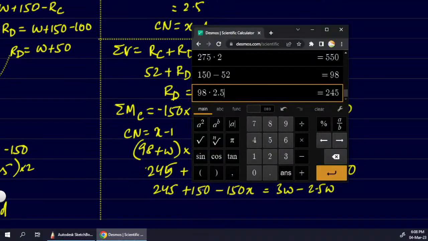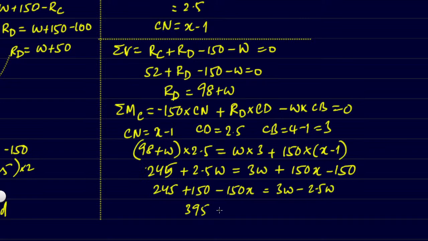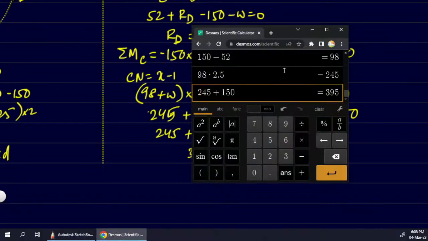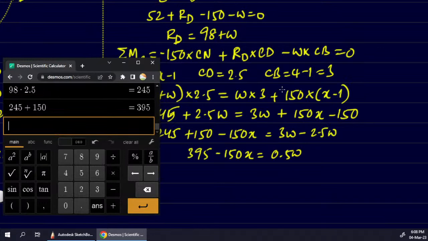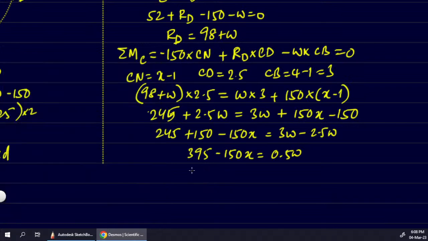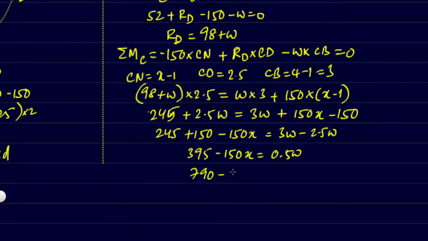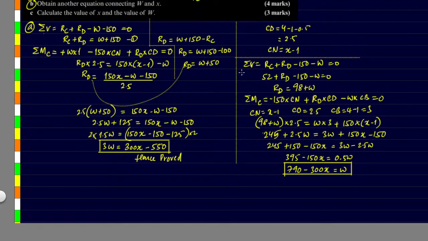So this total, 245 plus 150, 395 minus 150x is equal to 0.5W. To remove 0.5, multiply by 2 on all sides. So 395 into 2, 790 minus 300x equals W. This is the second relation. So this is for the B bit.